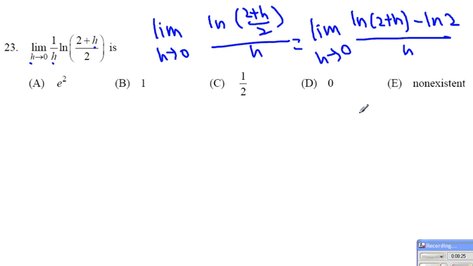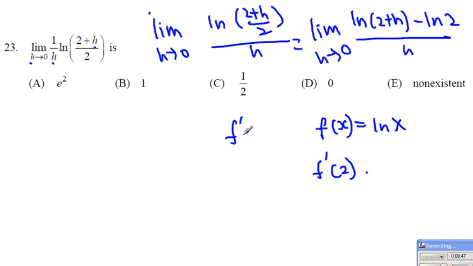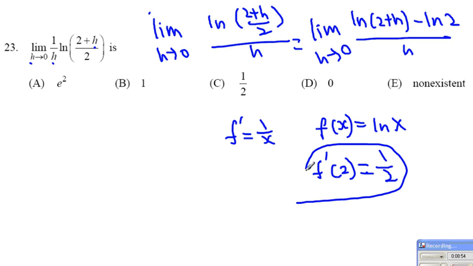So in this case, we realize the function we are looking at must be f of x equals ln of x, where the expression is f prime of 2. But in this case, f of x is ln of x, then we realize f prime becomes simply 1 over x. Therefore, f prime of 2 should be equal to 1 over 2. That is our answer right here, choice C. Now let's go for one more.